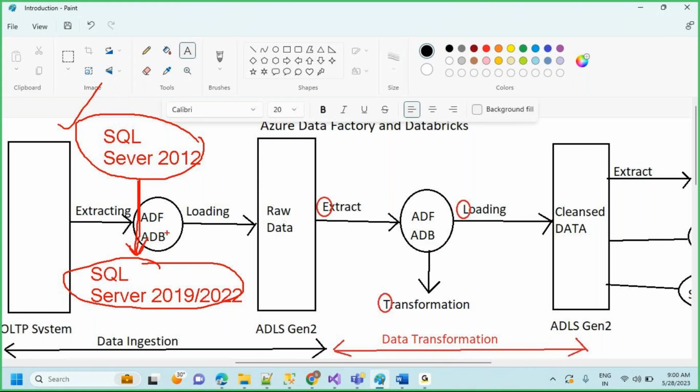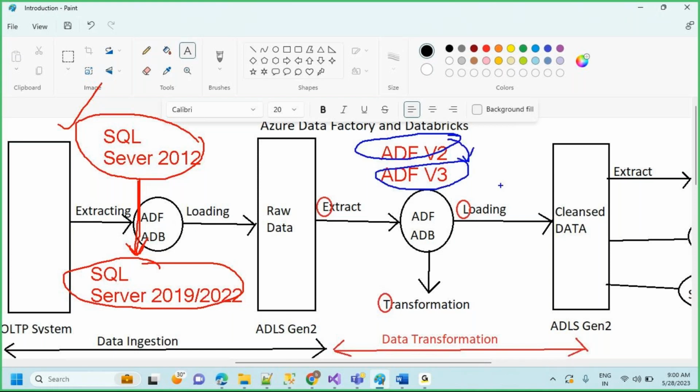It's not like Data Factory or something. Let's say for example, presently ADF version 2 is there. Just imagine later in 1 or 2 years, ADF version 3 comes into the picture. Now you need to migrate from version 2 to version 3.